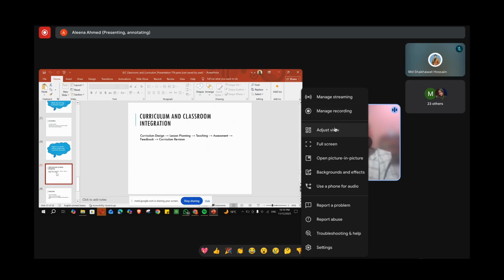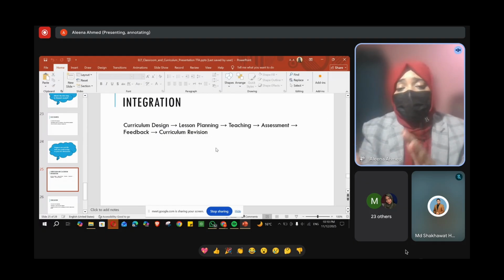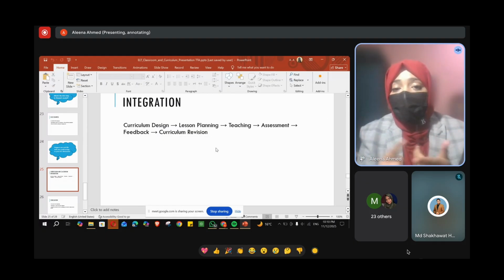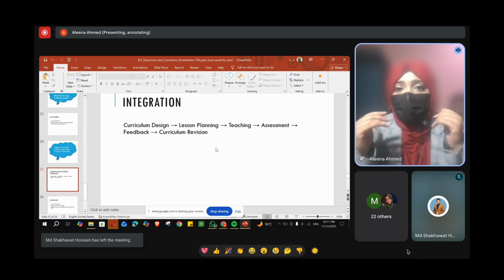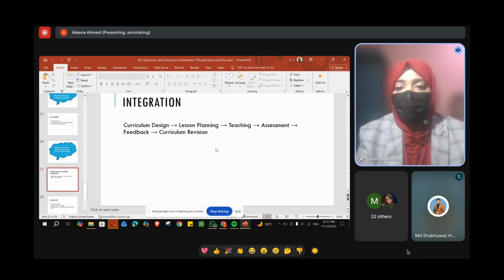The curriculum and classroom integration starts with curriculum design, then the lesson planning, a very good lesson plan, then how to teach according to that lesson and how to implement that lesson, and then definitely formative and summative assessments, not by taking a written test, but by assessing, just noticing what the learners are doing through their activities, through their engagement, and what they're doing in the class.